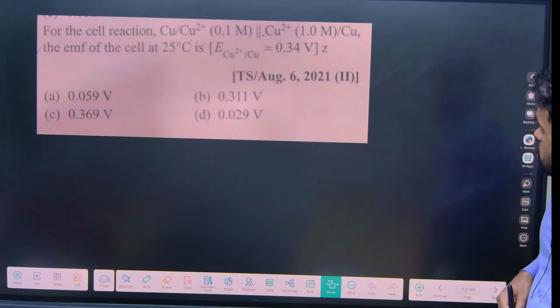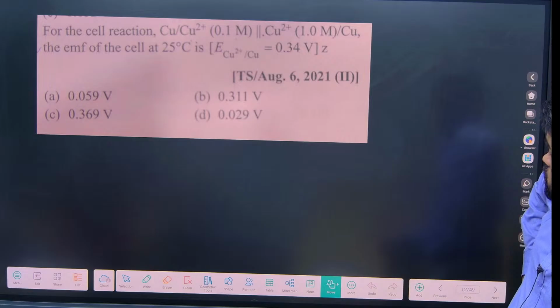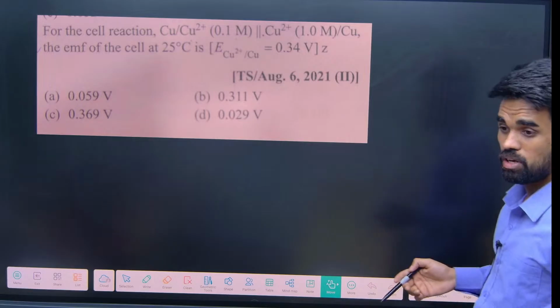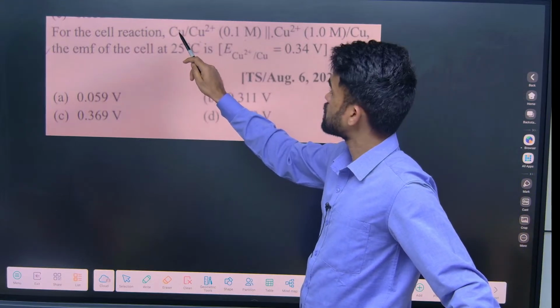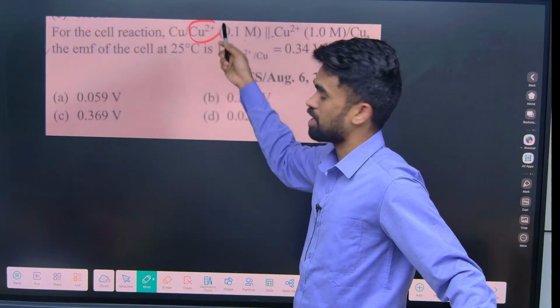For the given cell reaction, just now I told you the Nernst equation. What to write? Cu is converting into Cu plus 2, so this concentration should be the product side concentration.